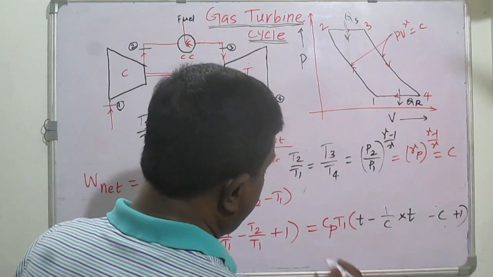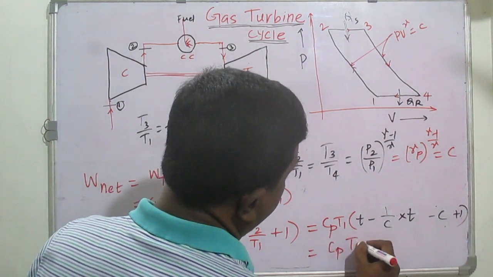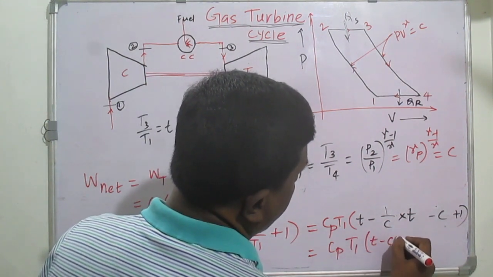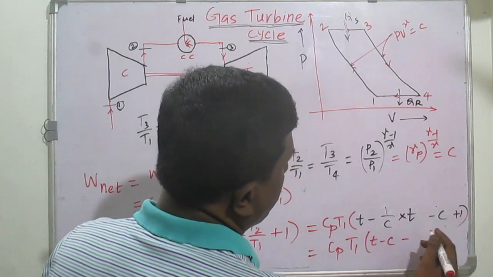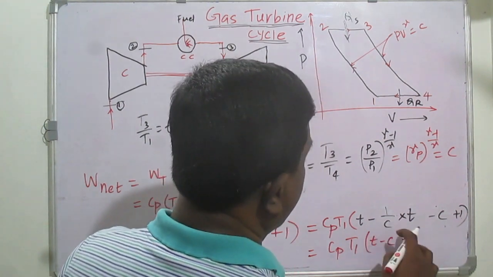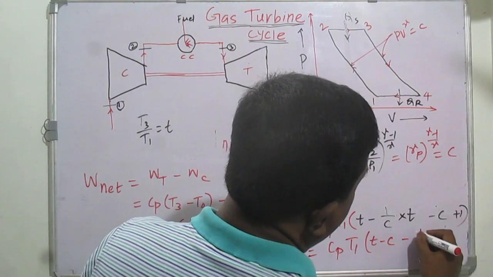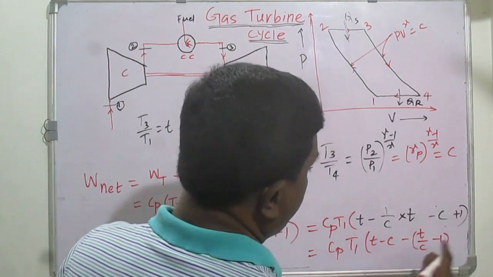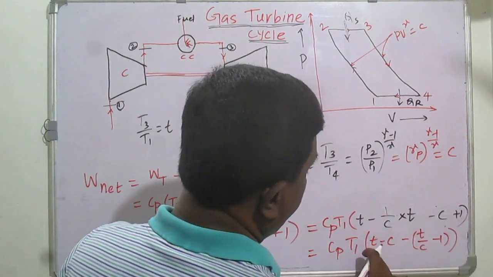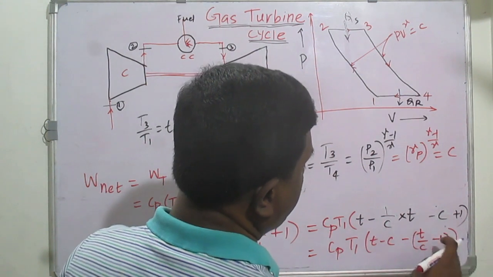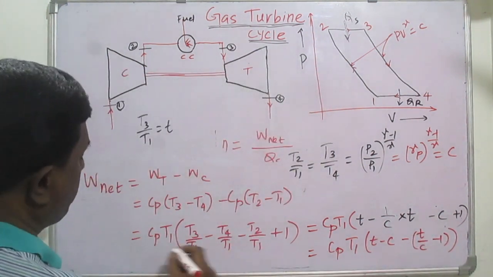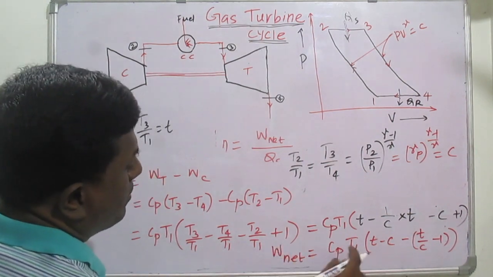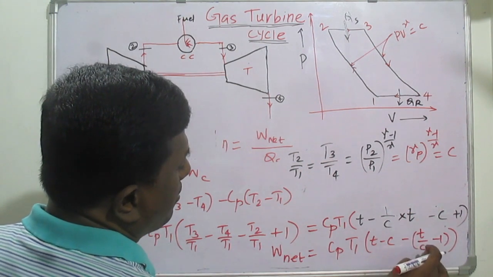We can write this as Cp into T1, taking T minus C, and taking the minus outside, T by C minus 1, since minus into minus is plus. So this is one expression: W net equals Cp into T1, into T minus C minus T by C minus 1.